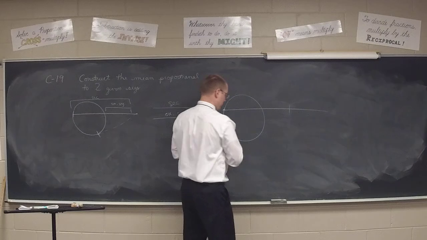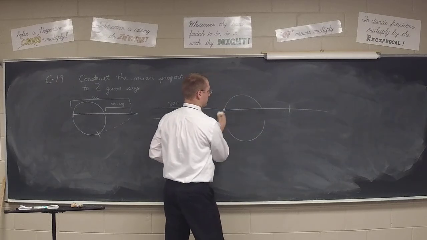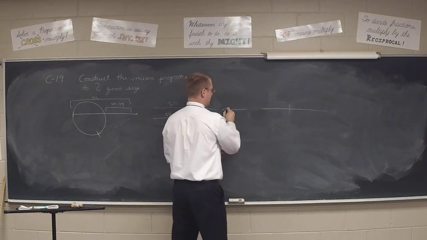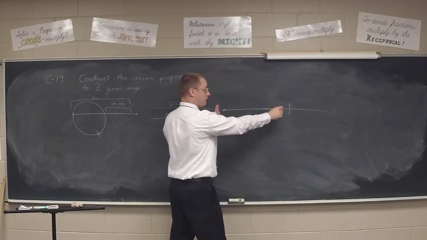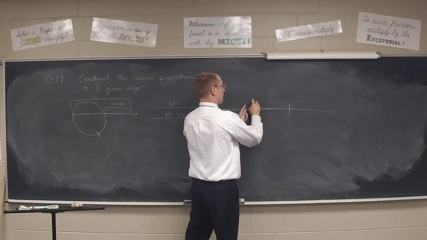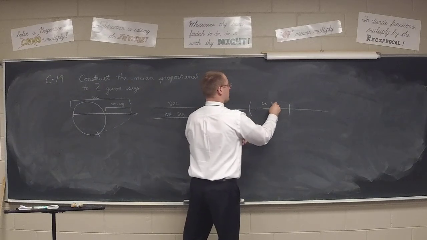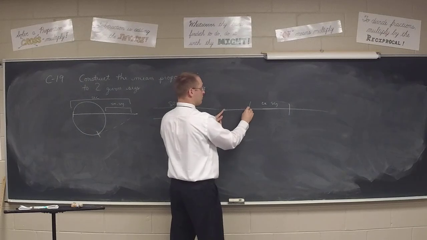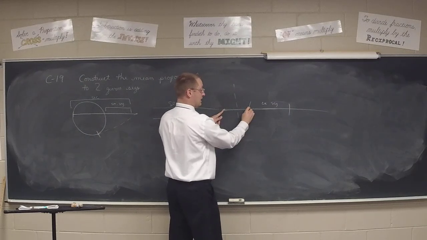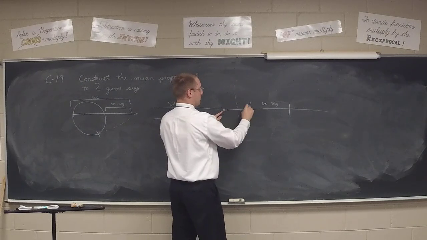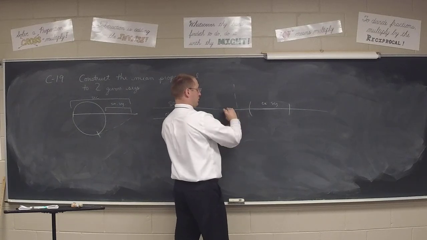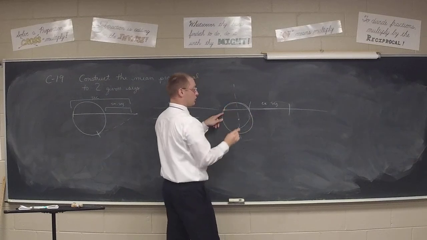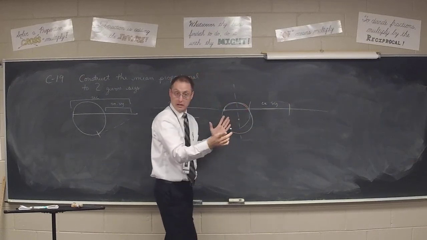What if, though, forget the circle for starters. What if instead I started by marking off the secant, and then from here I marked off the external segment? The circle would have to fit inside this loop. I could construct a perpendicular bisector and pick any point on it, and that would give me a circle that has a secant and an external segment.